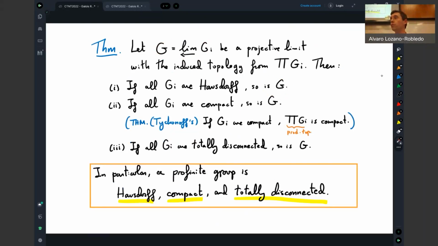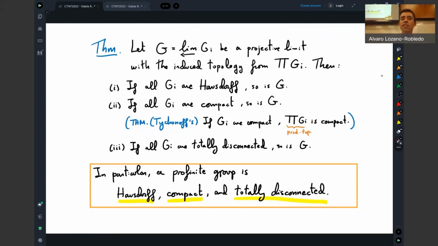If the G_i are compact, then G is compact. That's a consequence of Tychonoff's theorem, which says that a product of compact spaces with the product topology is compact. So in particular, if the G_i are finite with the discrete topology, those are compact groups, and therefore our inverse limit would be compact.